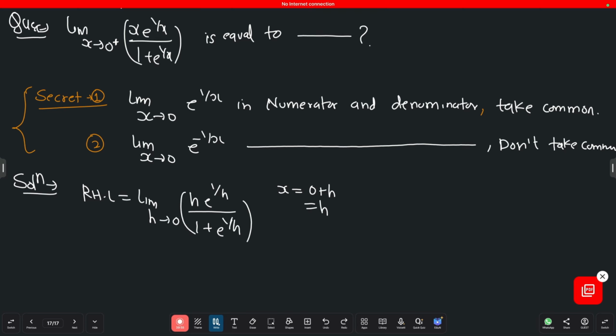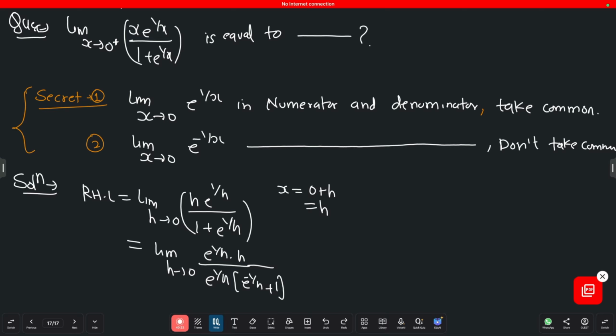Now, are you not seeing the situation, h tending to 0, e power 1 by h in numerator and denominator? Apply secret number 1: take common from numerator and denominator, and cancel. So limit h tending to 0, e power 1 by h into h upon e power 1 by h common, and in the bracket e power minus 1 by h plus 1, because e power h is not available, e power 1 by h is.